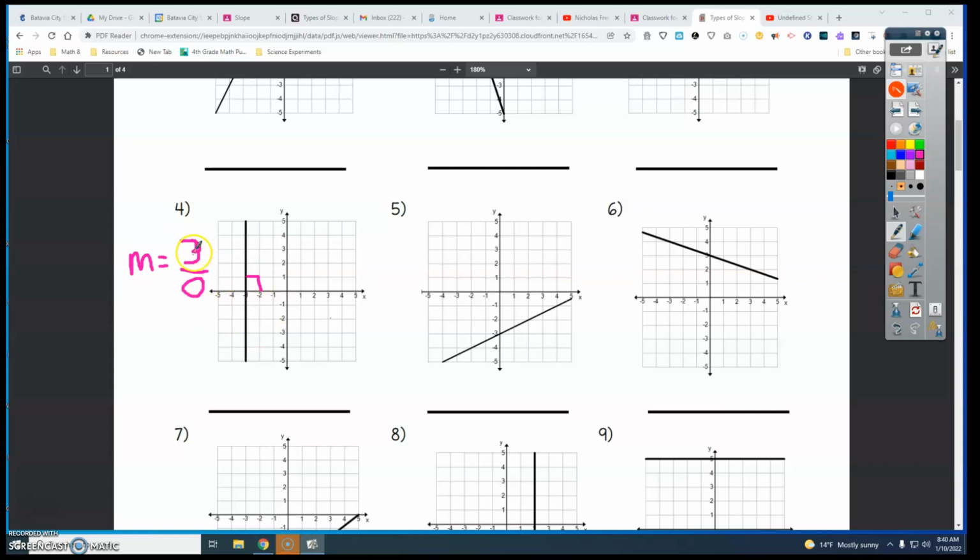You're going to get an error. 3 divided by 0 is undefined. I just wanted to mention the math to you, and you're going to learn more about that, especially as a ninth grader. Food for thought. This is undefined.